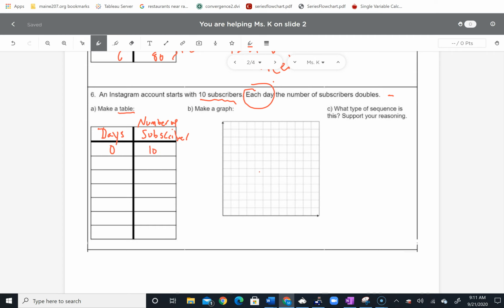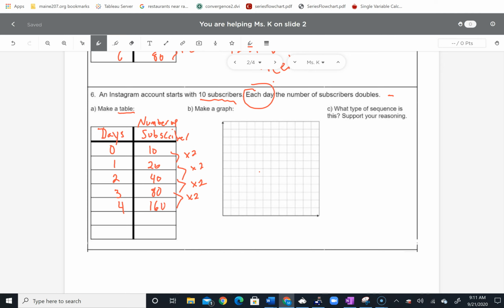But each day, the number of subscribers doubles. So on day 1, doubling means multiply by 2. We're going to have 20. On day 2, 20 times 2 is going to get you 40. On day 3, and you get the idea, 40 times 2 is going to get you 80. Day 4, we're going to continue to multiply by 2.